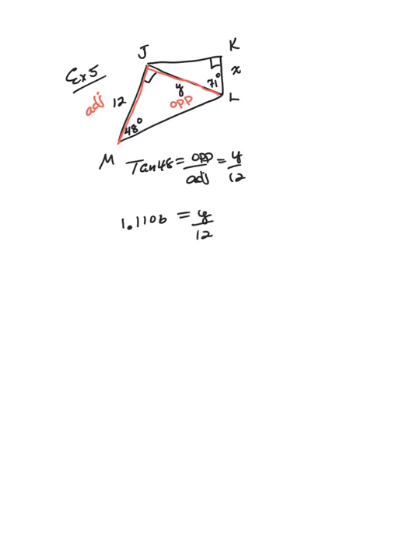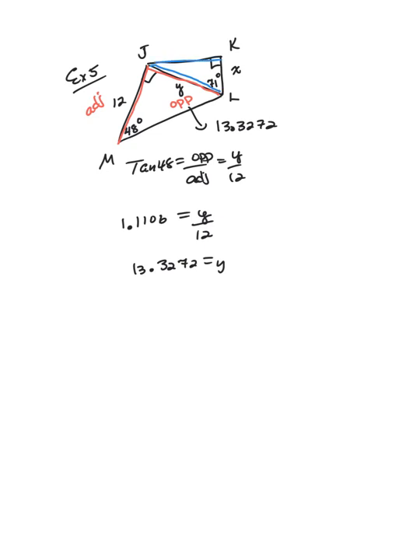Cross multiply, 1.1106 times 12. We're going to leave the answer like this because of round off error. So this side is 13.3272. Okay, so now we start all over, focusing on this triangle.